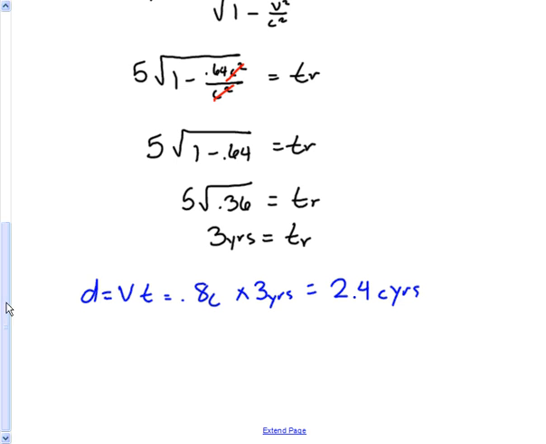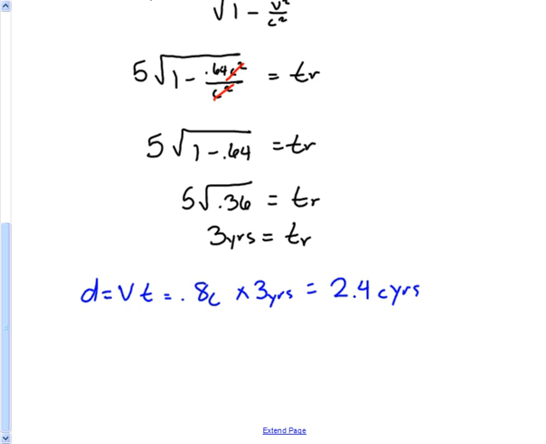So that means one reference frame, the reference frame of the Earth, shows the spaceship actually getting there. The other reference frame shows that the spaceship will only be 2.4 light years into a 4 light year trip. So there has to be some kind of change in the length, the distance between 2 points, when you are going that fast.